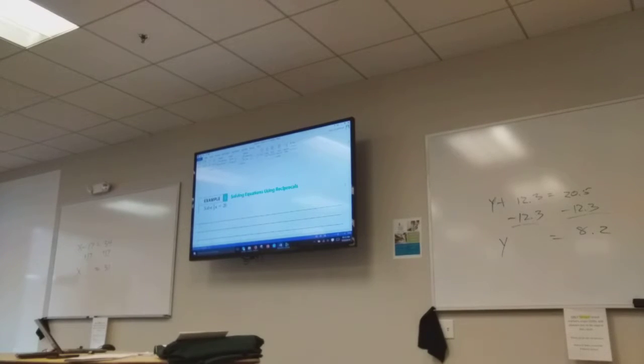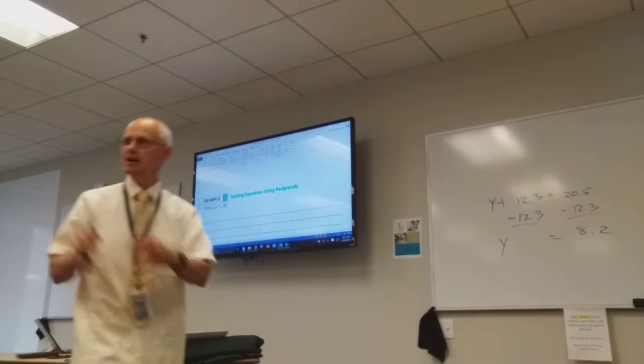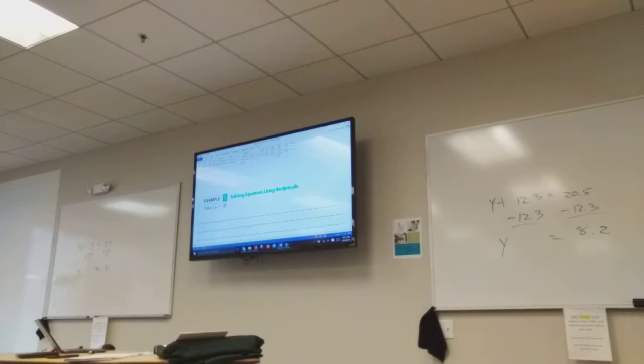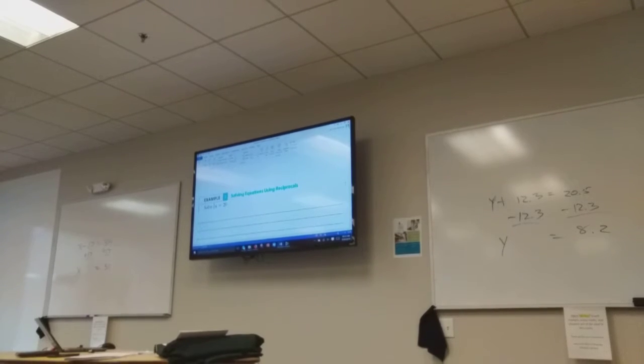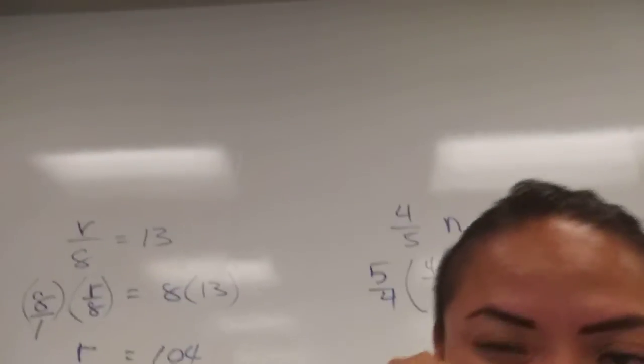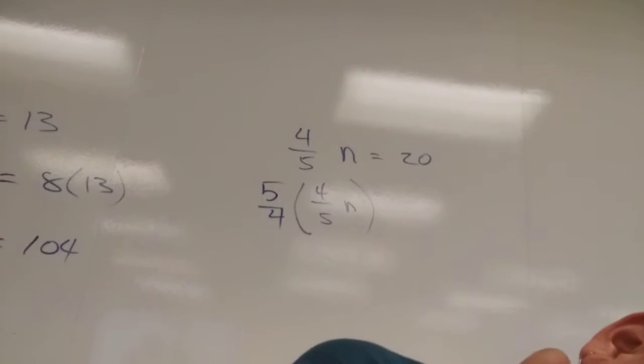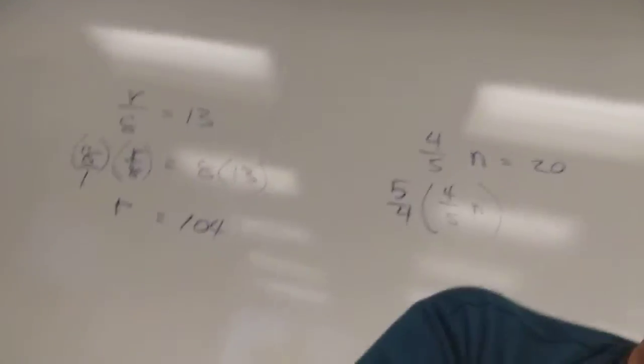What I read is 4/5 times n is equal to 20. But listen carefully. What's the opposite of 4/5 times? Watch me. Watch what I did. The opposite of multiplying by that fraction is to multiply by its reciprocal.